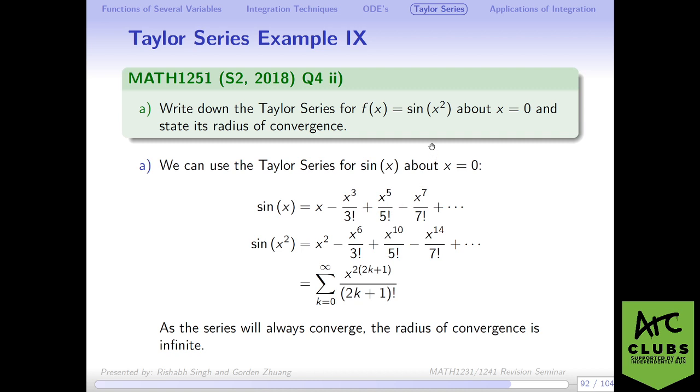So we can just plug in x squared, and the Taylor series for sine x squared will look like this as a result. And the question also asks to state the radius of convergence. Well, we know for the Taylor series for sine the radius is infinite, and so that will be the same for sine x squared. So this radius of convergence is infinite.